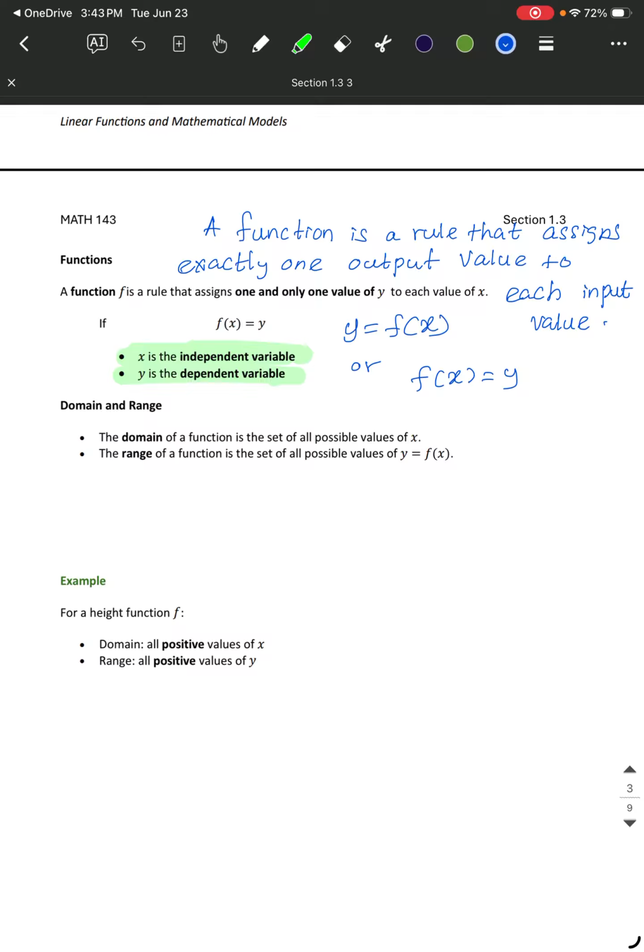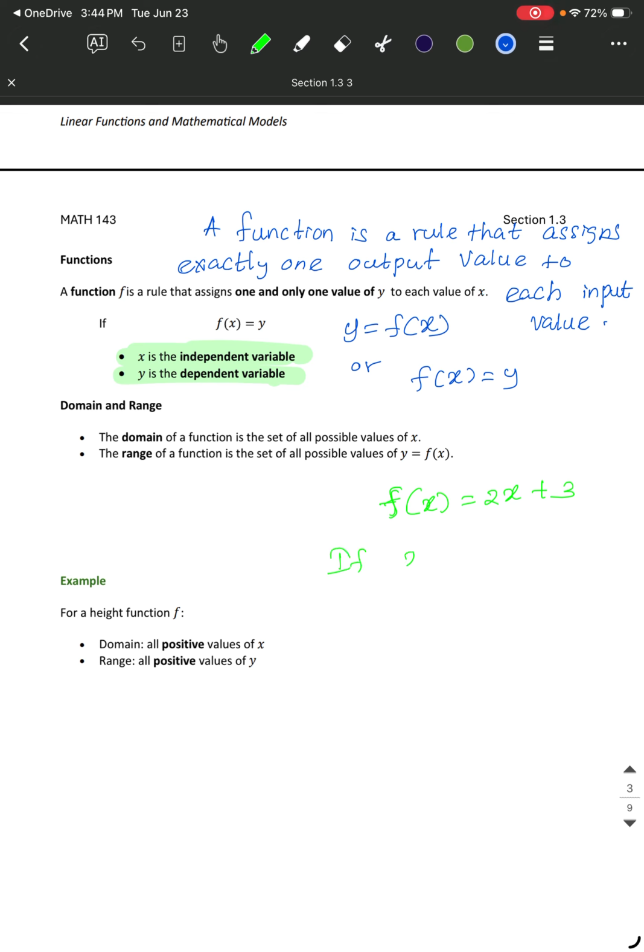Let's see an example of a function. Here, suppose we have f of x equals 2x plus 3.